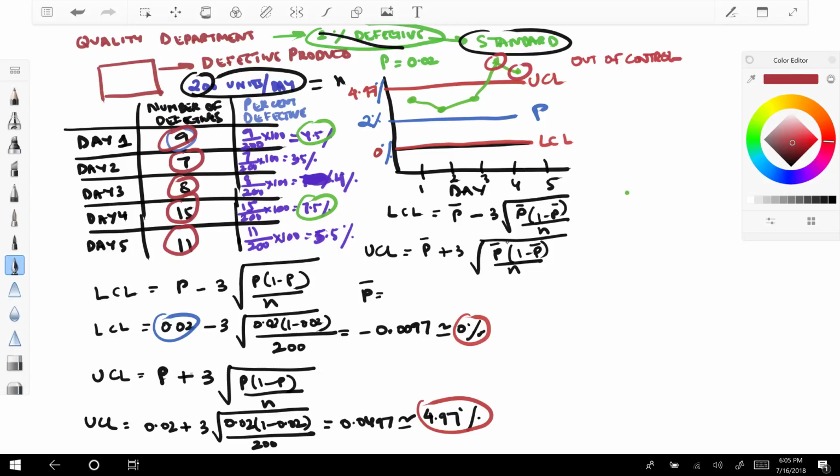So the numerator would be 50 and the denominator would be, we are taking 200 each day, so we have 5 days, so 5 times 200. So this is going to give us 50 divided by 1000, that is 0.05.